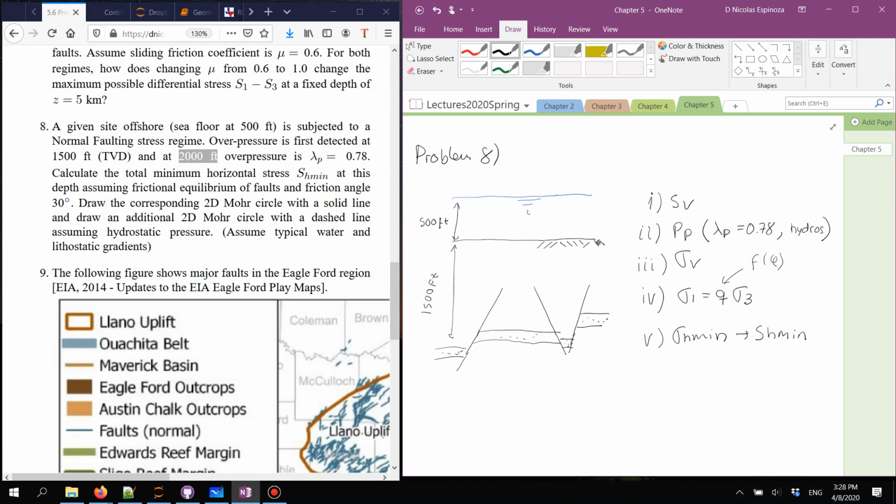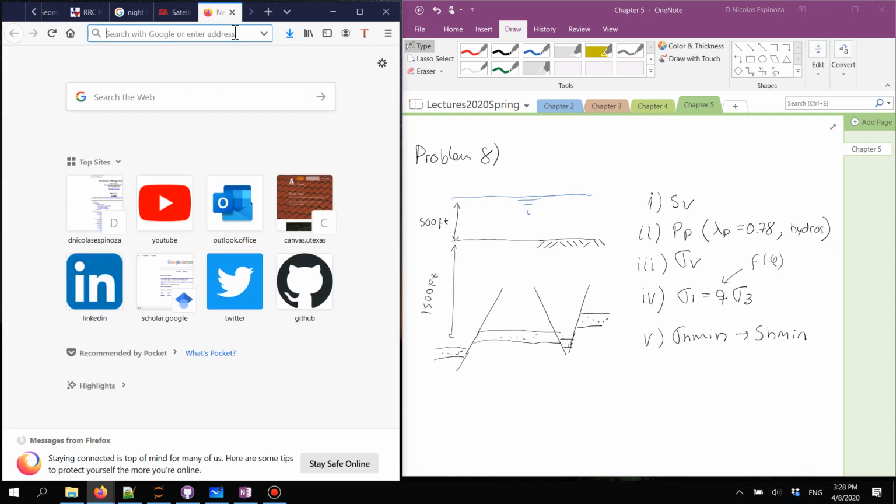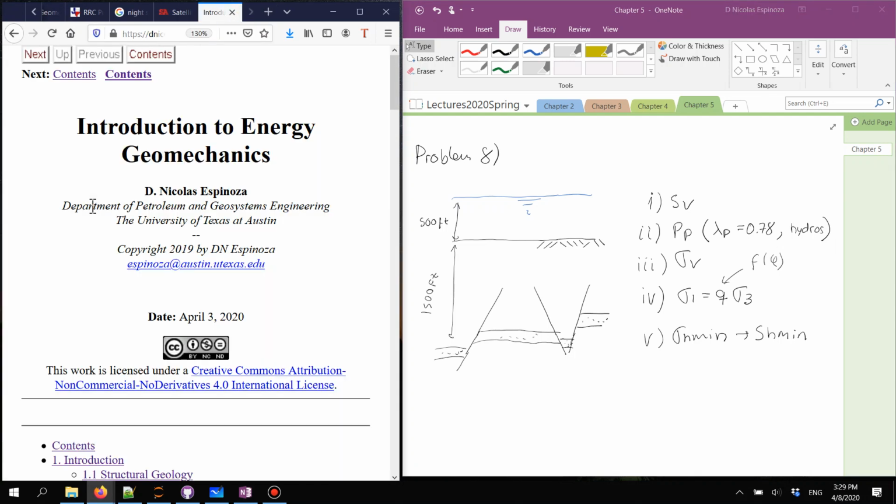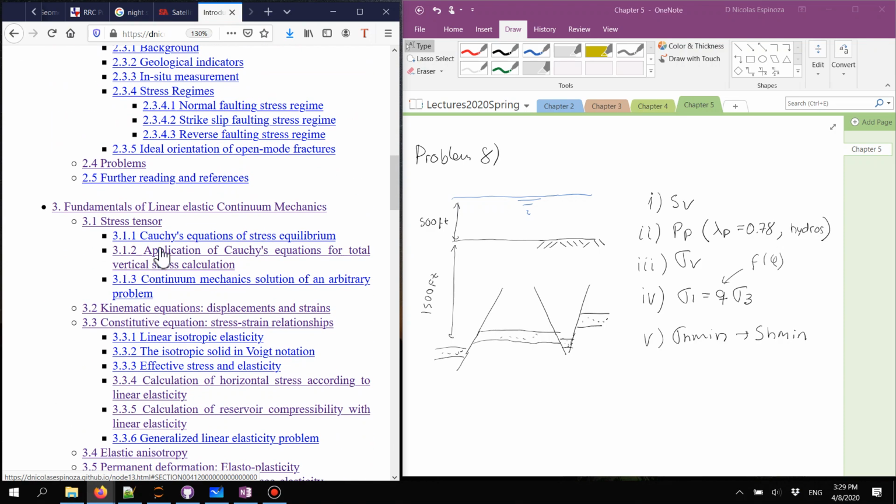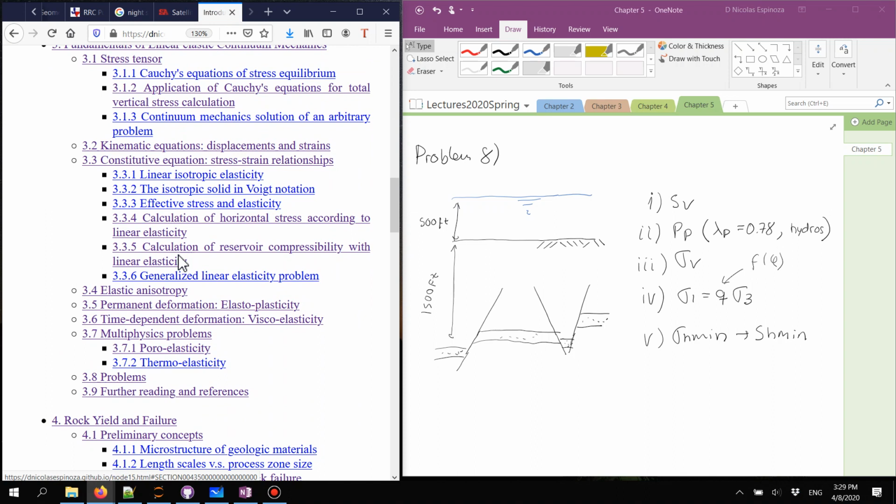Okay, just one more thing I'd like to say about problem number 8. And this is something, remember, about the workflow. I want to insist on this because it's very important, but we have already seen it.